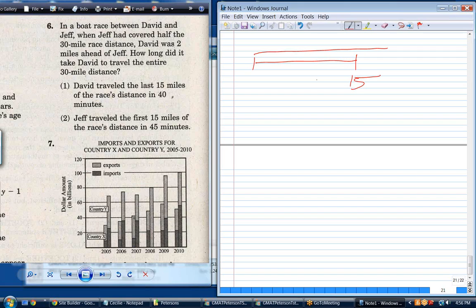And half of 30 is 15. So 17. This is Jeff, and this is David. And how long did it take David to travel the entire 30-mile distance? David traveled the last 15 miles of the race distance in 40 minutes.